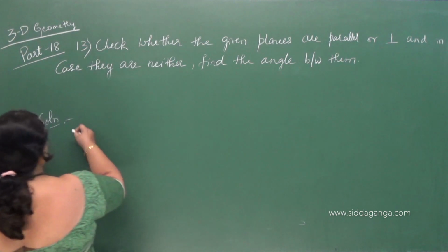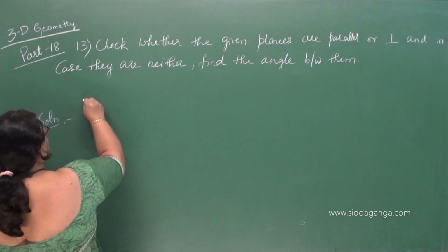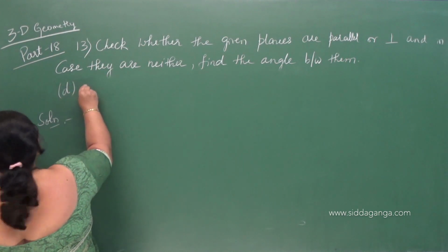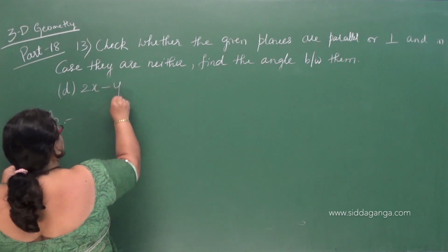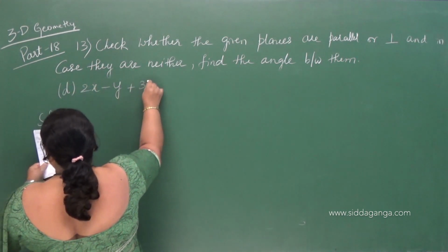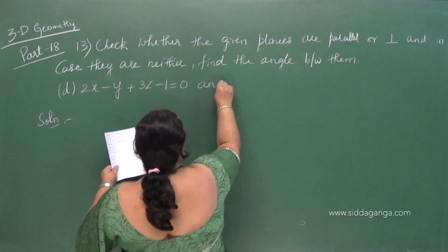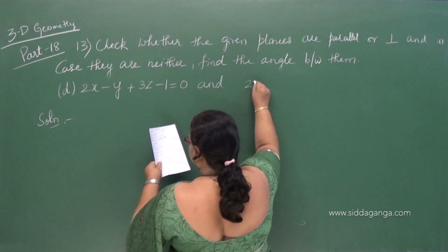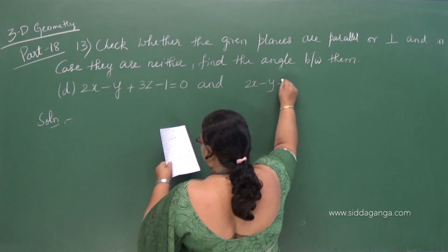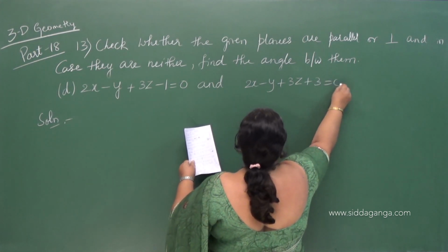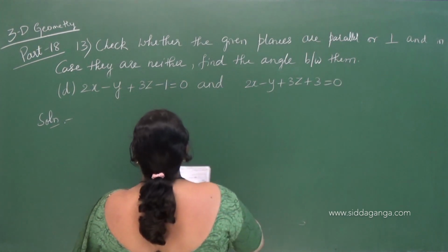The fourth problem is D: 2x minus y plus 3z minus 1 equal to 0, the first plane, and 2x minus y plus 3z plus 3 equal to 0. Just look here and you will know.